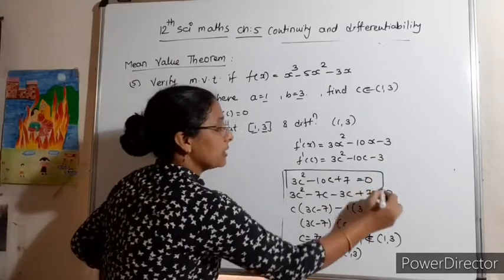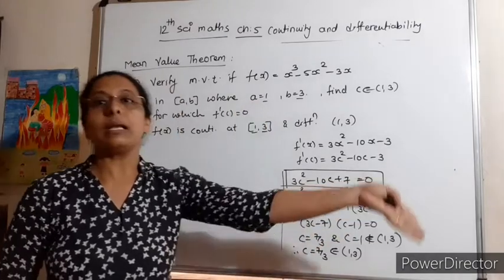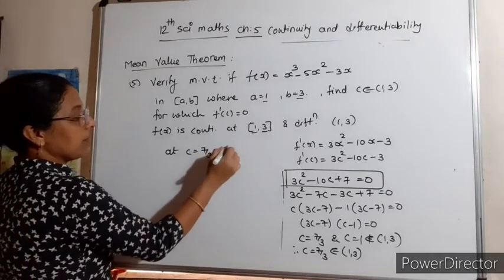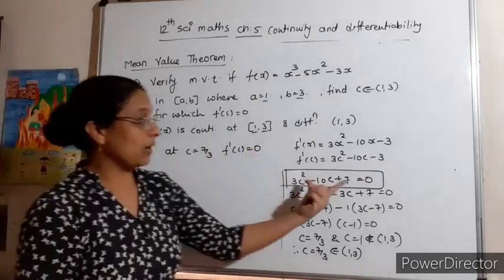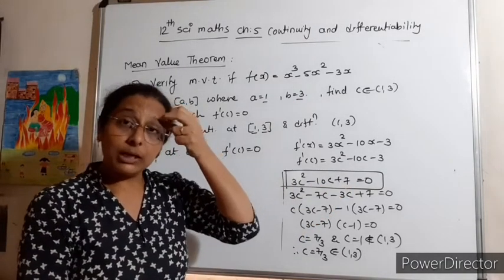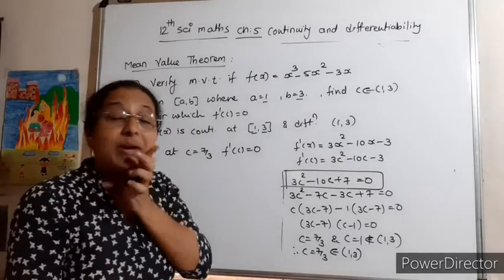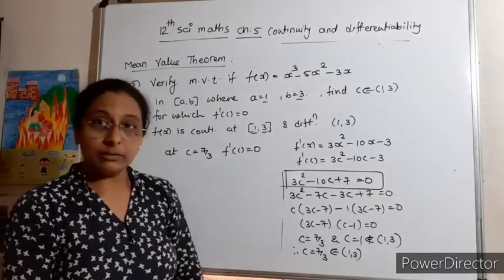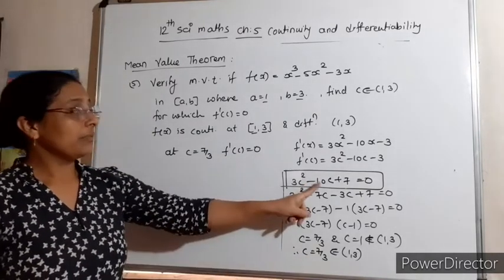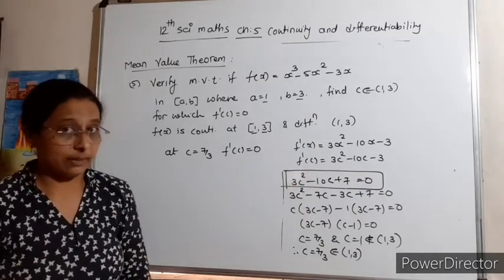So you will take from this only that c is equal to 7 by 3. क्योंकि वो f dash c ये है by the mean value theorem, not by Rolle's theorem. Rolle's theorem तो apply ही नहीं होगा because f of 1 is not equal to f of 3. So you will write the direct answer only.